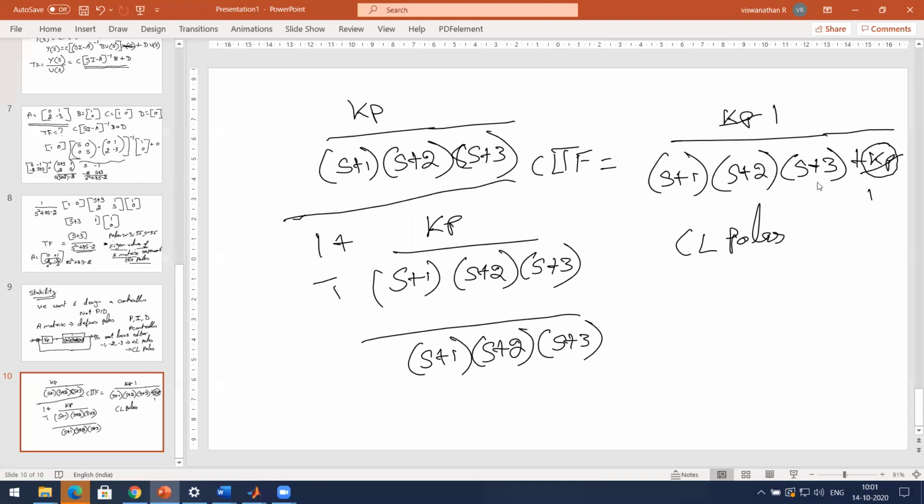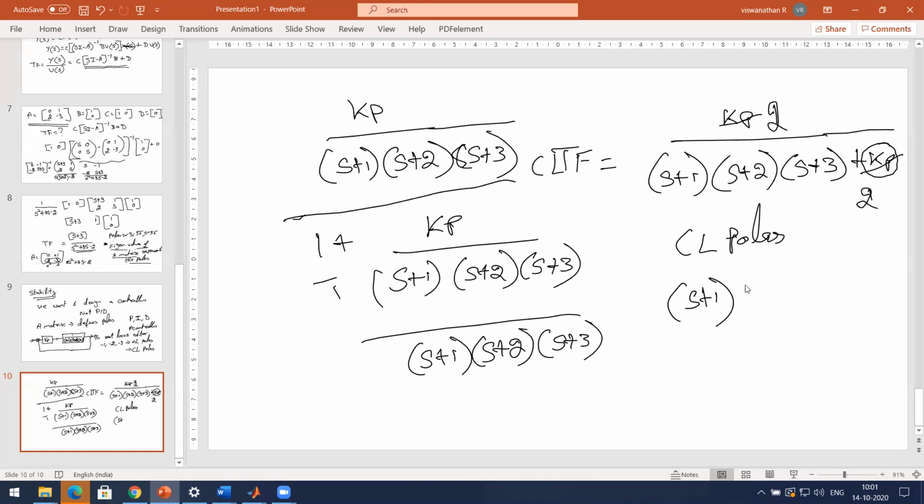Okay, you get some equation. Suppose if kp is 2, you get some other equation, no? Will the closed loop poles be the same? No, sir, it will change.